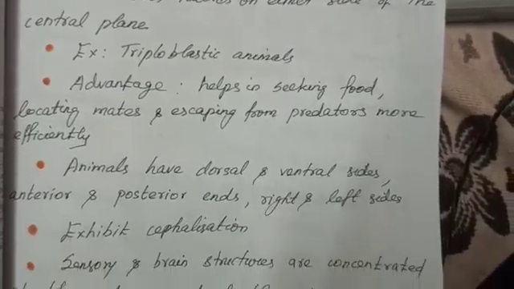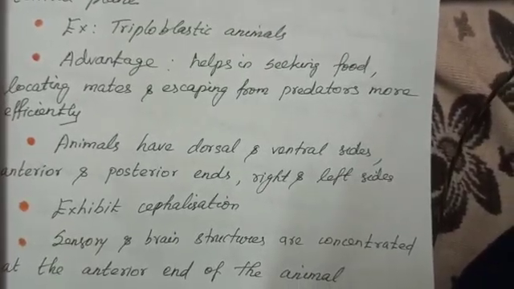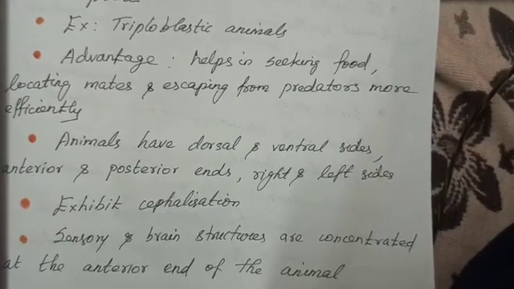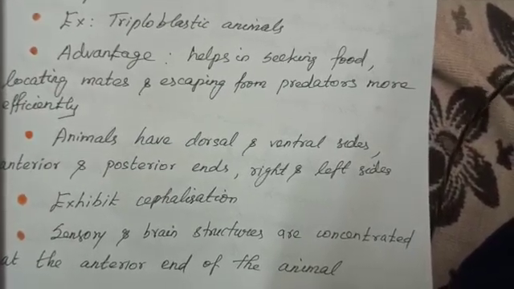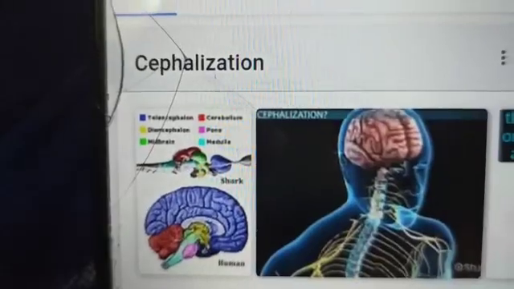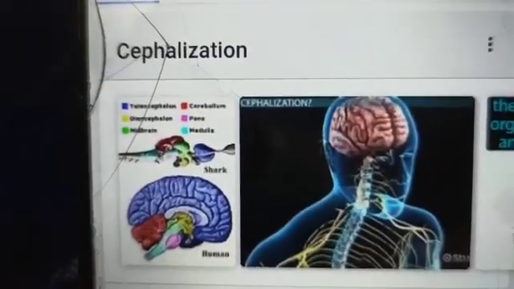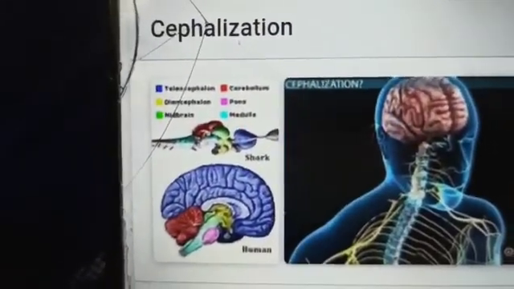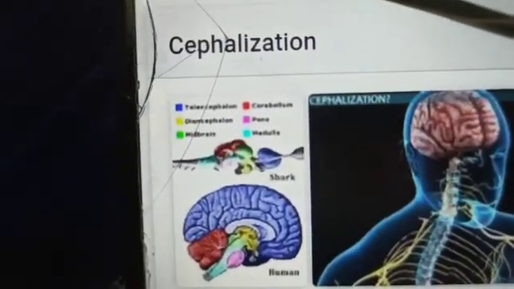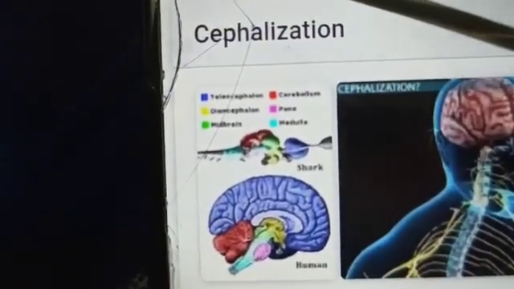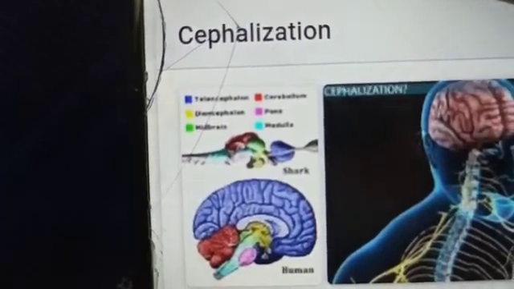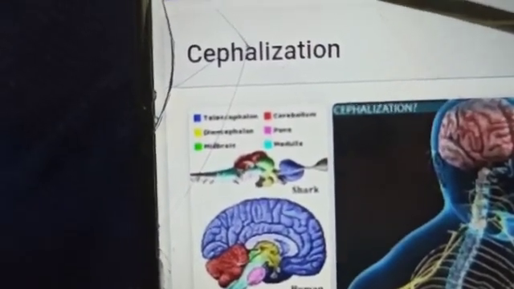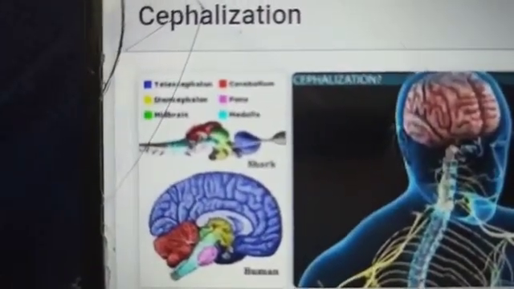It exhibits cephalization. Sensory and brain structures are concentrated at the anterior end of the animal. Cephalization is an evolutionary trend in which over many generations the mouth, sense organs and nerve ganglia become concentrated at the front end of an animal, producing a head region.